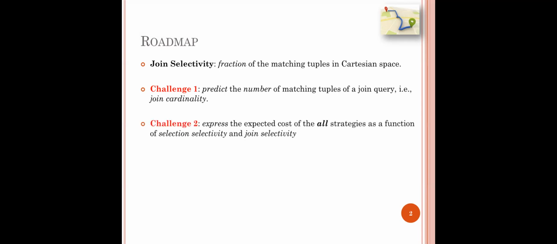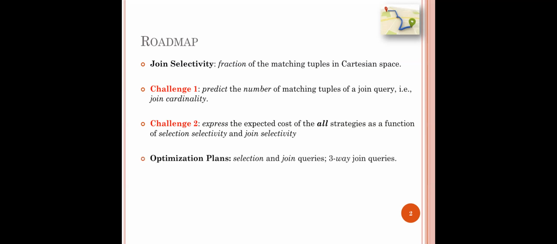And the second challenge is how to express the expected cost of all the strategies that we have been discussing as a function of the two fundamental components of the query optimization, the selection selectivity and the join selectivity. So we are trying to refine the expected cost as a function of two selectivity metrics, the selection and the join selectivity metrics.